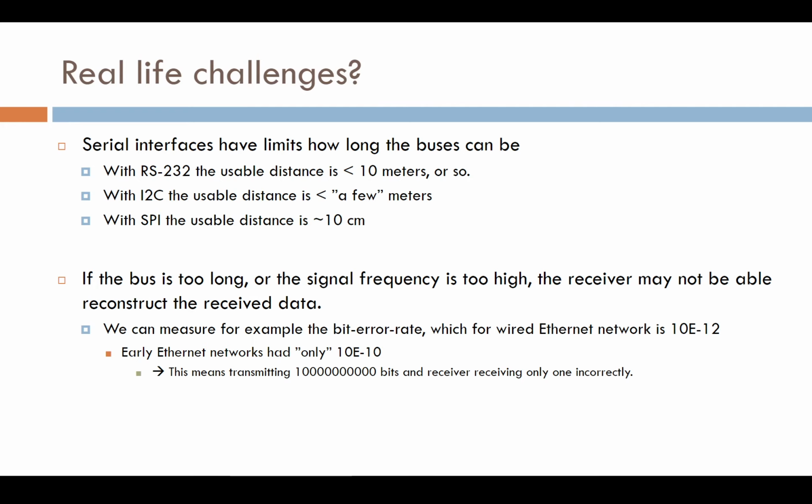For a wired Ethernet network, typical bit error rate is something like 10 to the minus 12, meaning that you have one error in, let's see, minus 12 would be 1 divided by millions of millions, a million times a million.